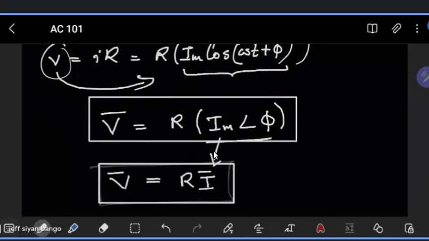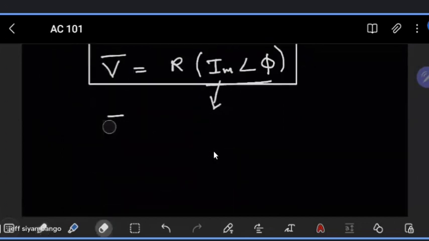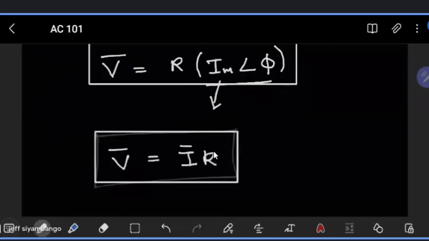Observe that this is Ohm's law, and since we're used to IR, you can say the phasor voltage is equal to the phasor current multiplied by the resistance. So this is similar to your typical Ohm's law, V equals IR, but the difference is phasor voltage and phasor current, basically the same thing that we do.